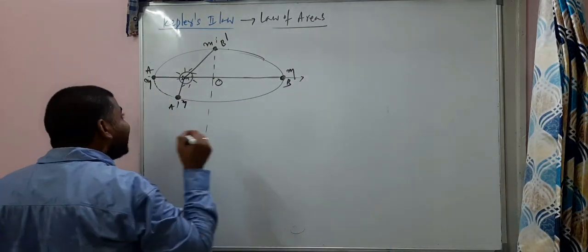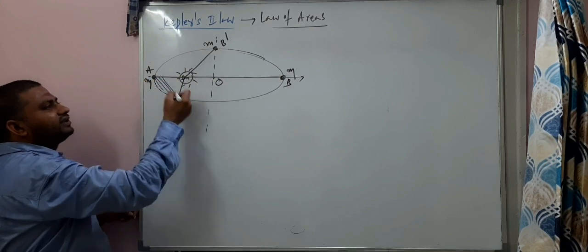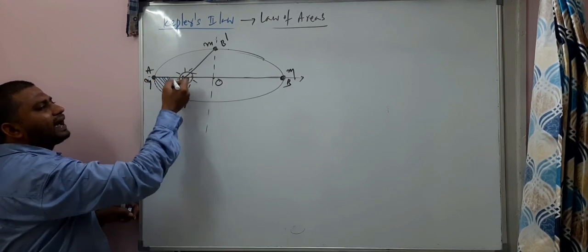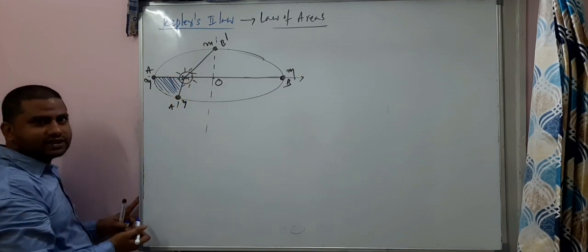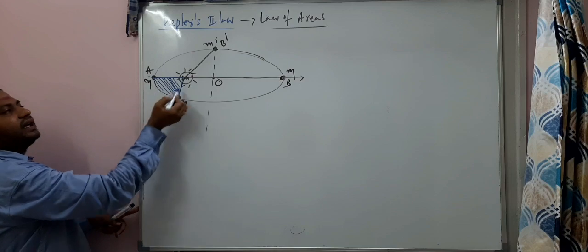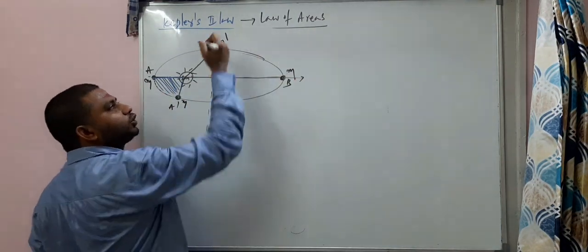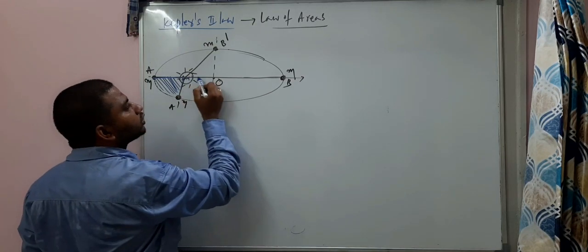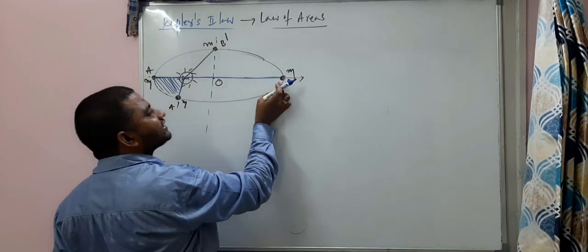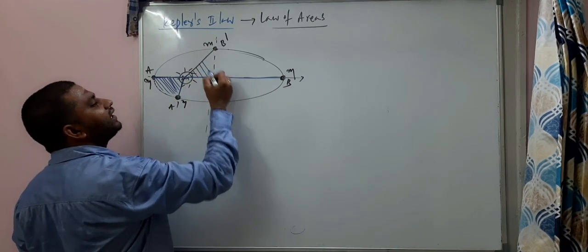So here there is an area swept by this line joining the planet and the sun. This is the line which is sweeping out some area here. And here also the same thing. When it moves from B to B dash, here also the line joining the sun and the planet is sweeping out some area.